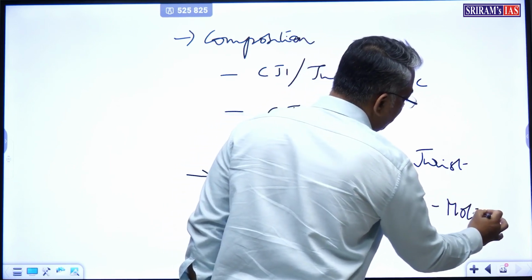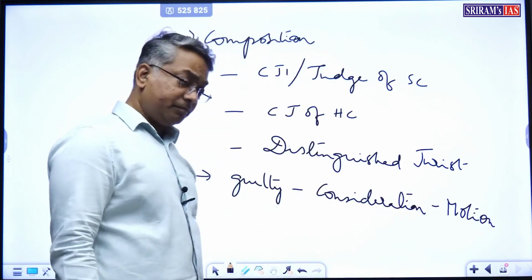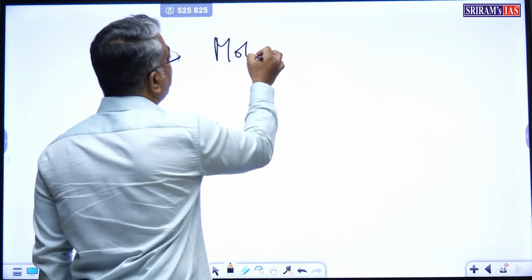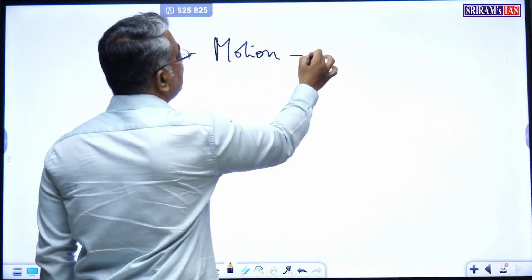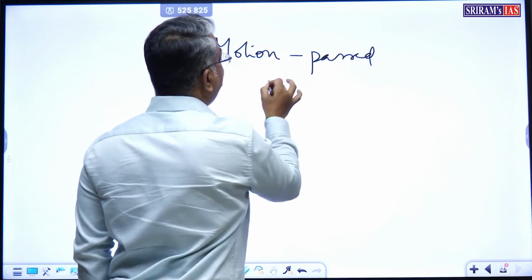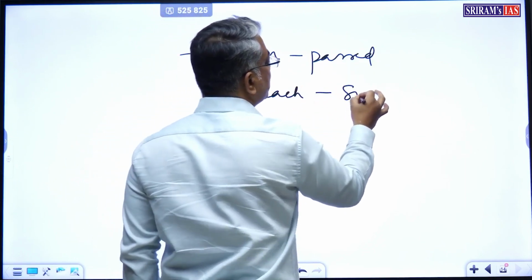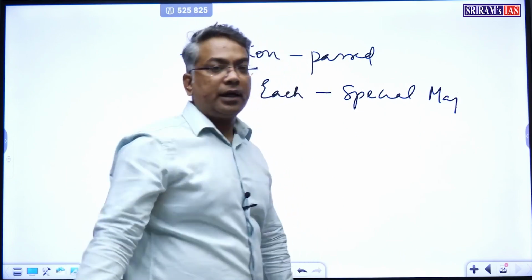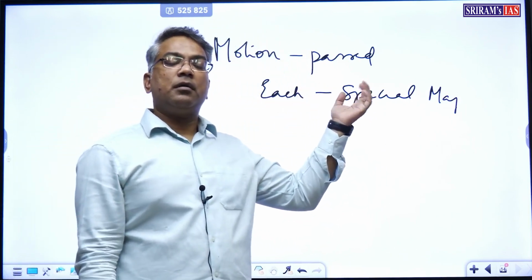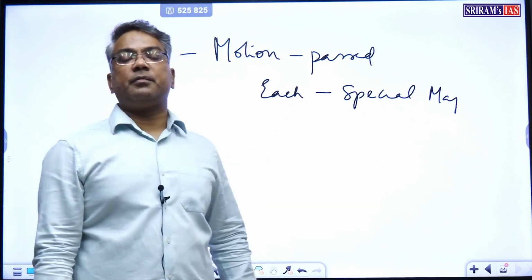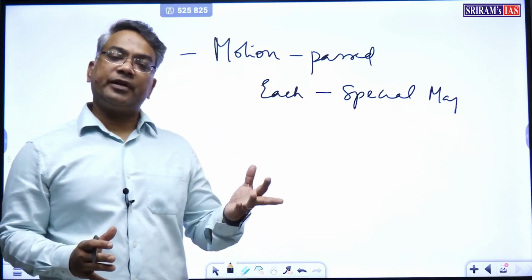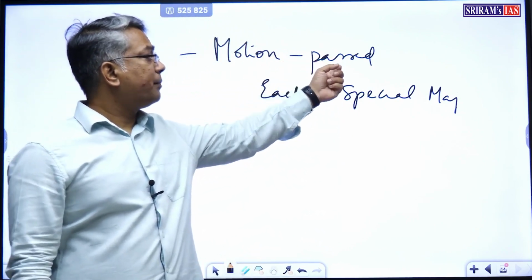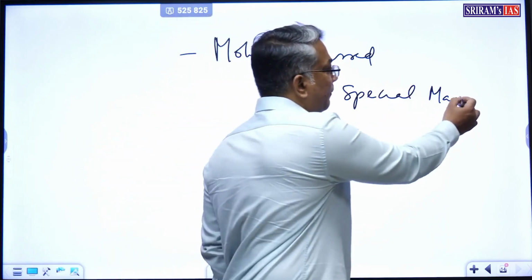This motion has to be passed by each house by special majority. We have already discussed what is special majority: absolute majority of the total membership of that house plus majority of at least 2/3 of the members present and voting of that house.